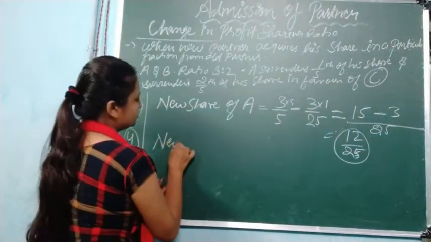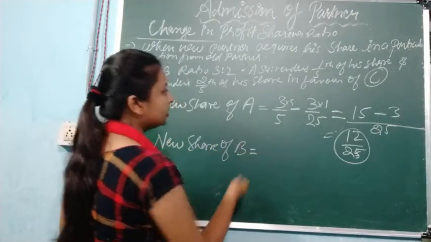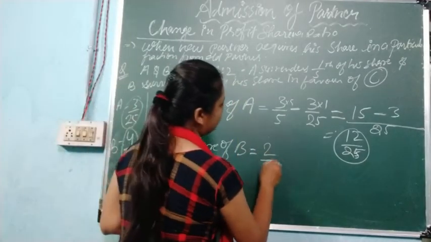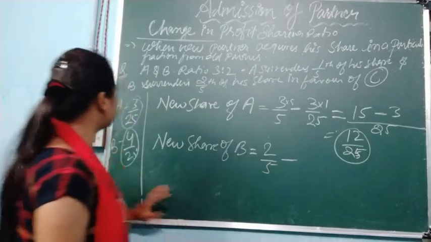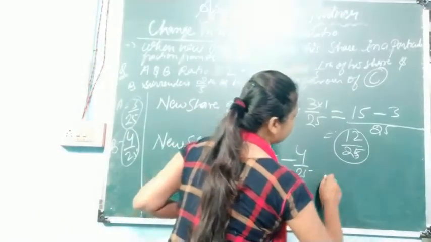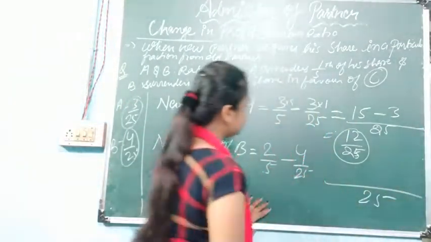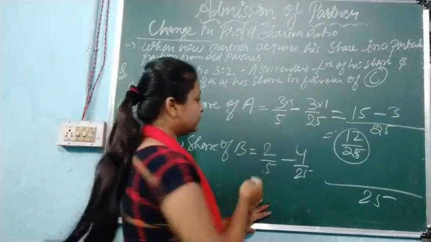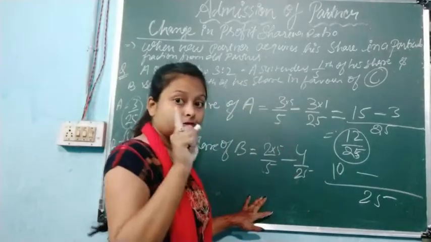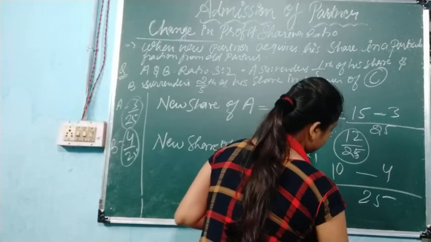Now the new share of B. How much was his old share? 2/5, and minus how much is he giving? 4/25. So you will subtract 4/25. Take out the LCM of 5 and 25, it will come 25. 2 multiplied by 5 is 10, minus 4 times 1, which is 4. So it will come 6/25.